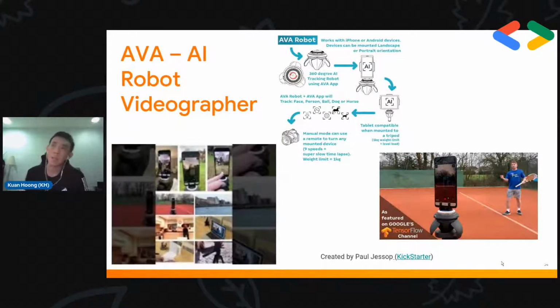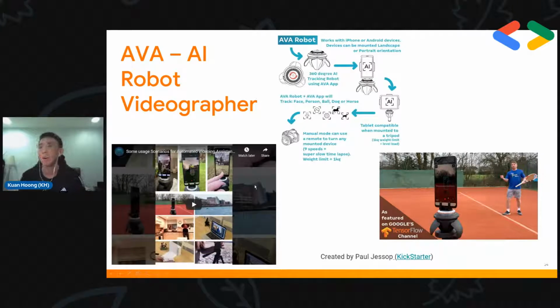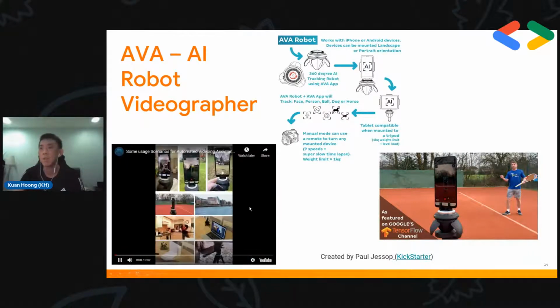So what other applications can you do? For example, this person has developed what we call an AI robot videographer. Imagine you want to record somebody playing tennis, and you want the handphone to follow the tennis player. Because this model has been trained to follow a body, the motor will turn accordingly to follow.